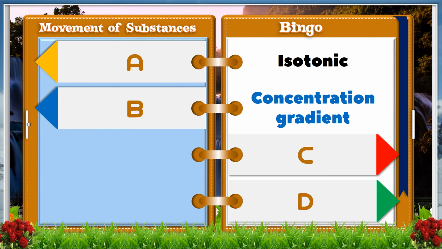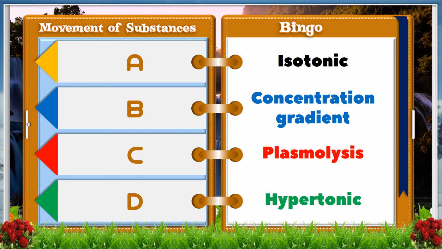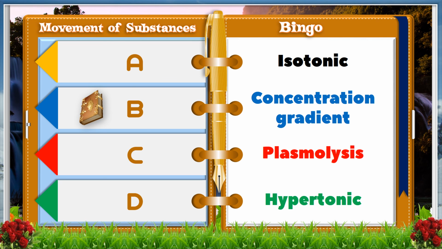B. Concentration gradient. C. Plasmolysis. D. Hypertonic. And the answer is B. Concentration gradient.